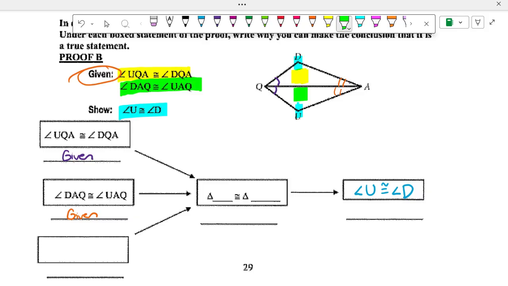If I want to know the pieces are congruent, I've got to first know that the what is congruent.